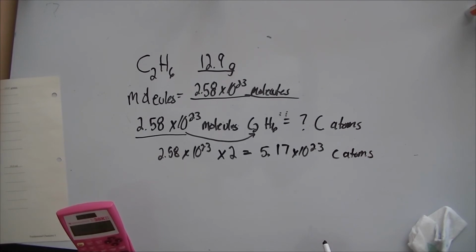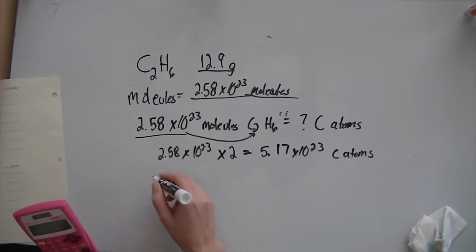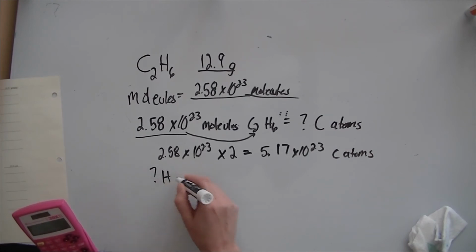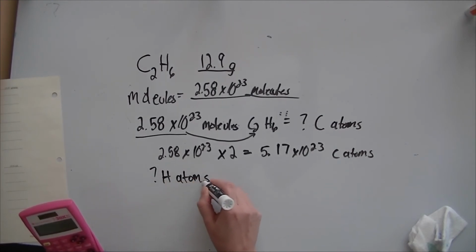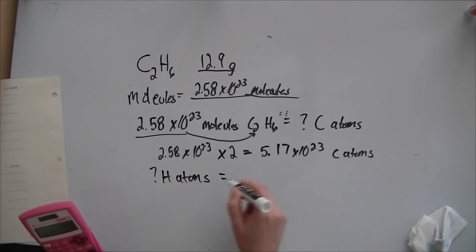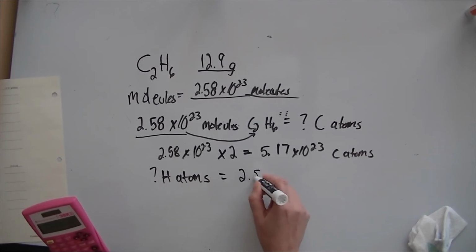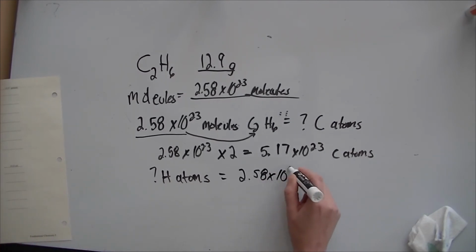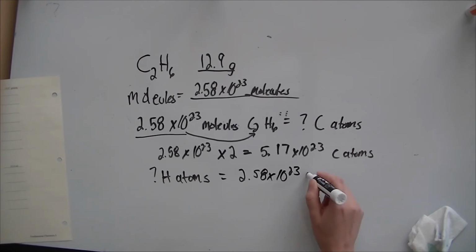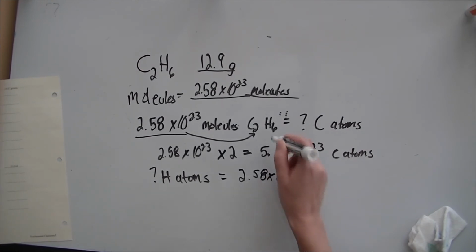All right, let's do the same thing now for hydrogen atoms. How many hydrogen atoms? Well, to figure that out, I'm going to take how many molecules I have and multiply it by the subscript, this time on hydrogen, because that's the element I'm talking about right now.